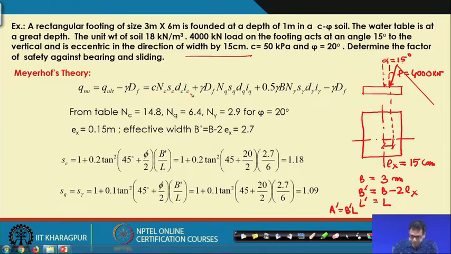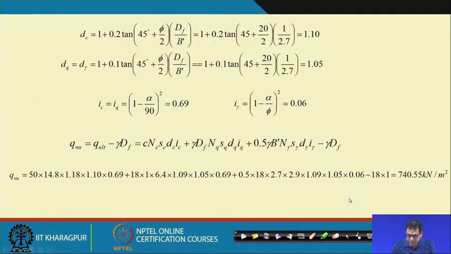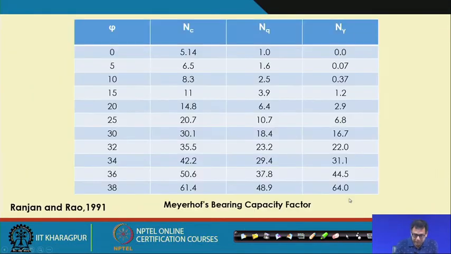Here first we have to determine Nc, Nq, N gamma from the table. For 20 degree, Nc is 14.8, Nq is 6.4 and N gamma is 2.9.